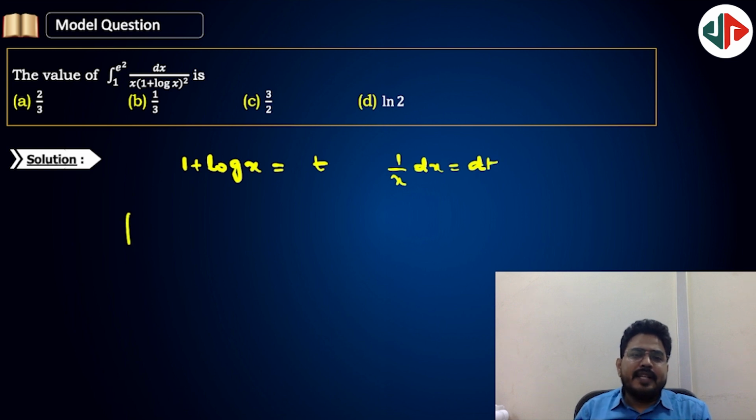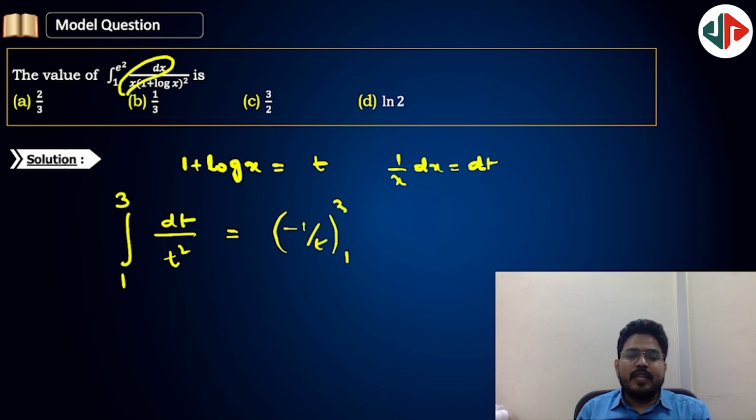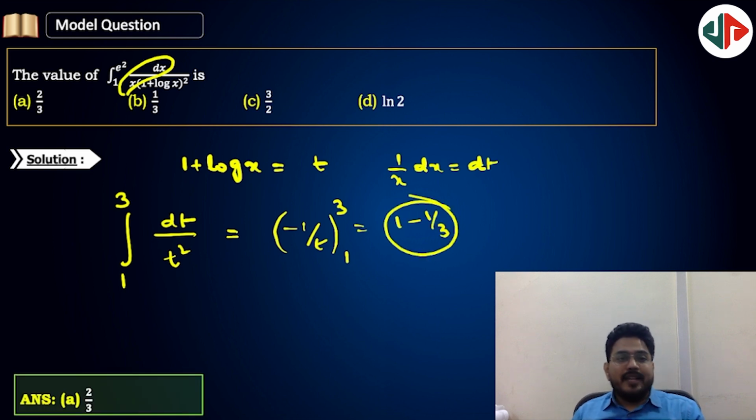So it is integral, x is equal to 1, t is equal to 1, x is equal to e square, log e square is 2, so 3. This is dt by t square, which is equal to minus 1 by t over the limit 1 to 3. So it is 1 minus 1 by 3 will be the answer. So the answer is equal to 2 by 3.